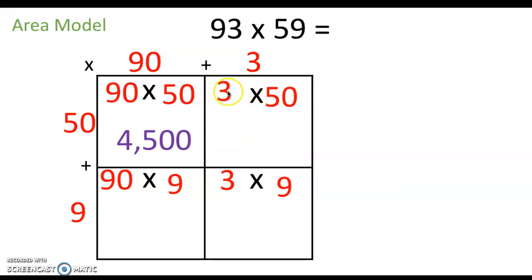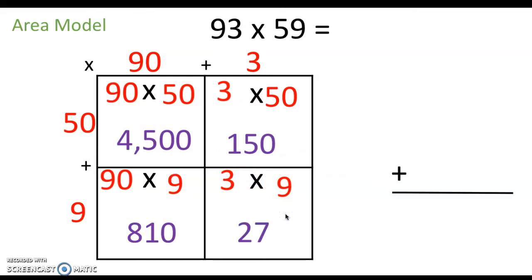So 5 times 3 is 15, plus one more zero makes it 150. Next box, 90 times 7. Well, I know 9 times 7 is 63, plus one more zero makes it 630. Then in my last box, I just have to do 3 times 7 is 21.